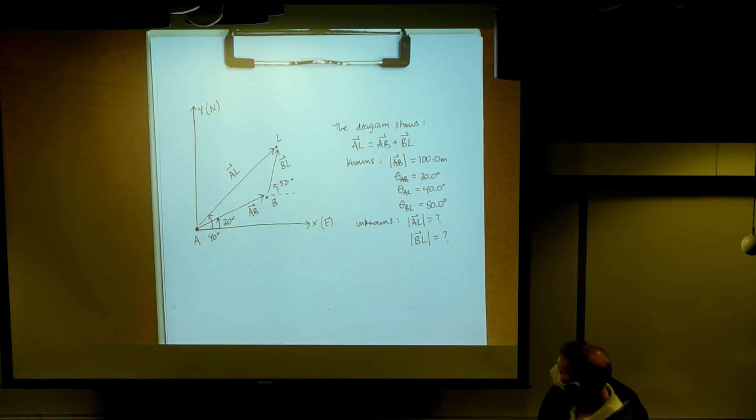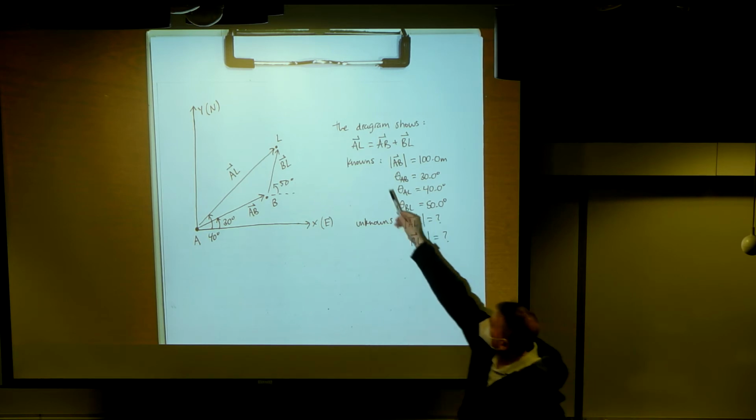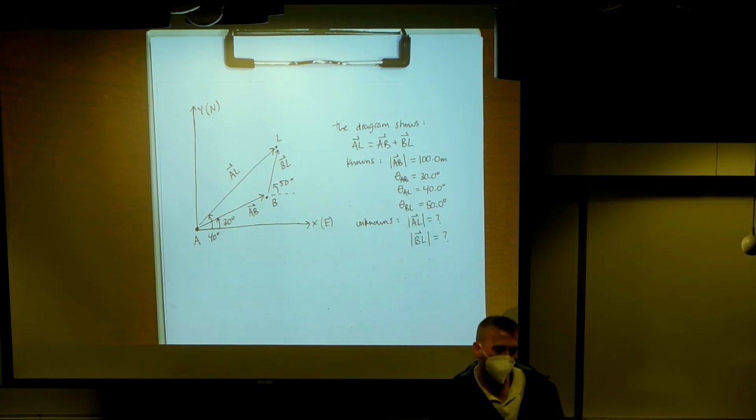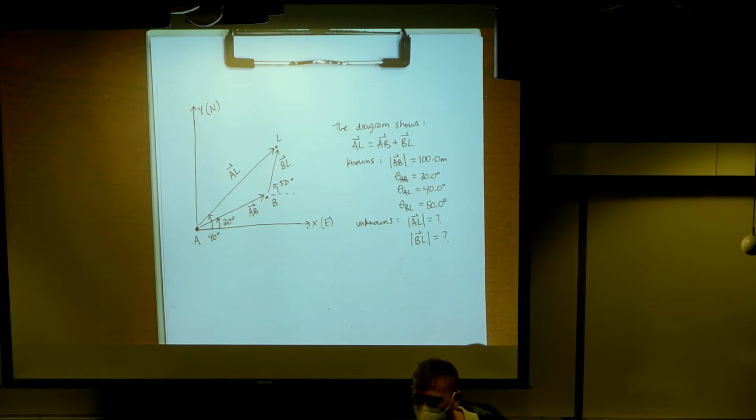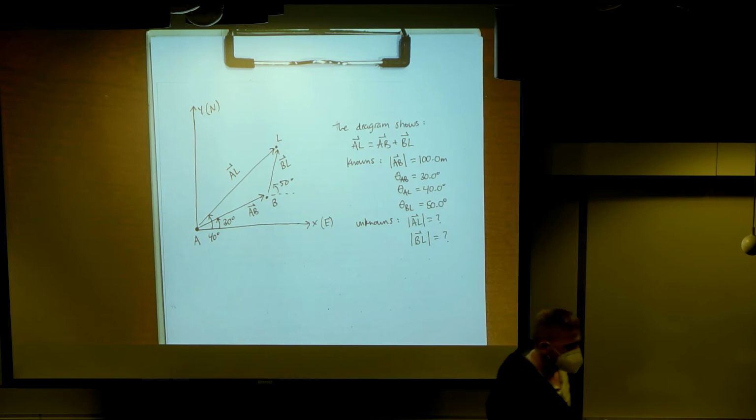Okay, the solution is, this equation I wrote down, it's actually two equations in disguise. There's an equation for the x direction, and then there's a separate equation for the y direction. And that's actually how we have two equations, two unknowns in this situation, okay? So let me explain what I mean.